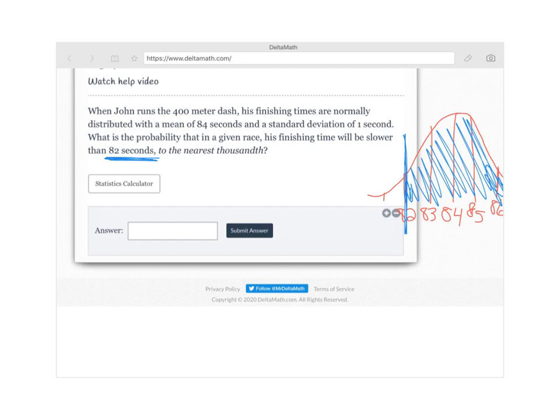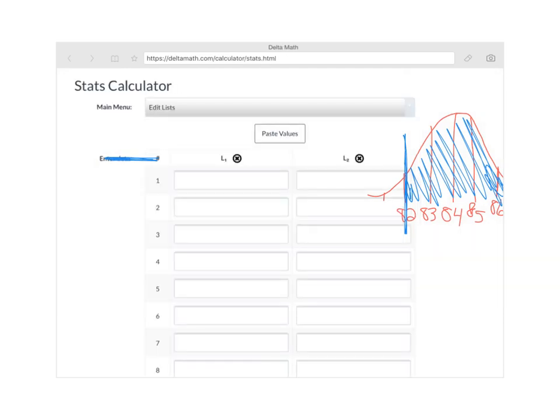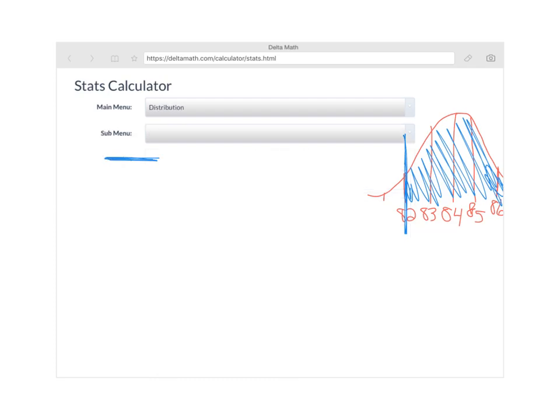So statistics calculator, go to our distribution menu and, oops, wrong spot, and normal CDF. Do a little bit of erasing here so I can see what I'm doing. So my lower here is 82.